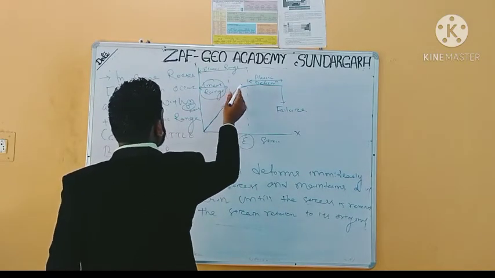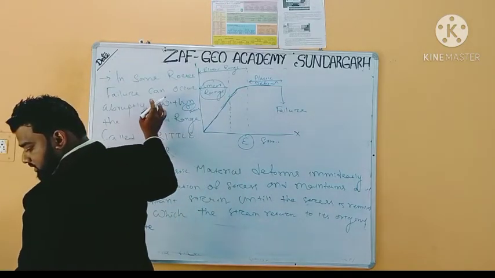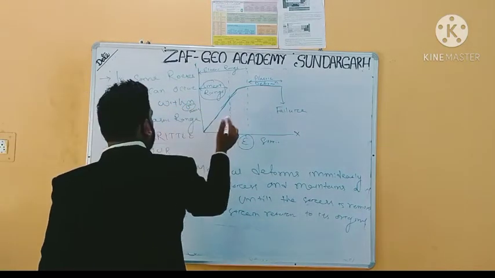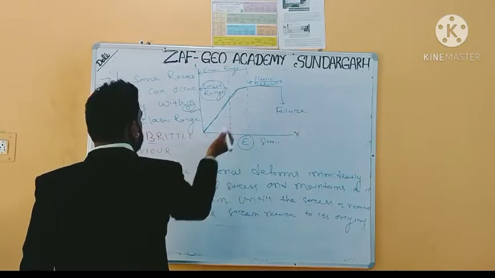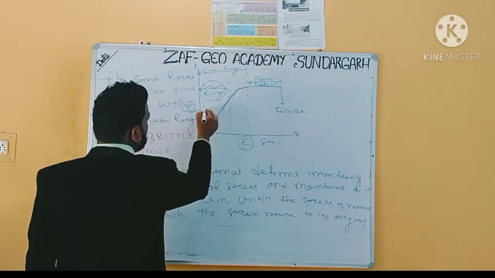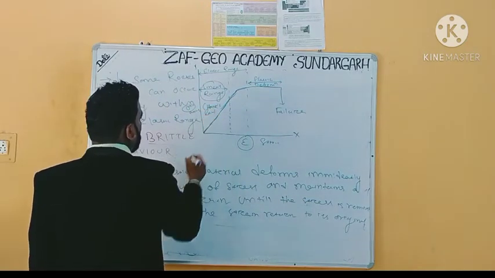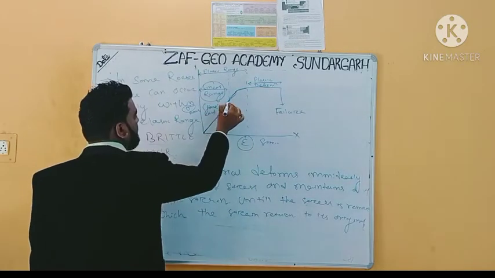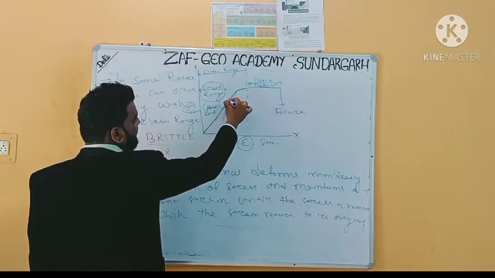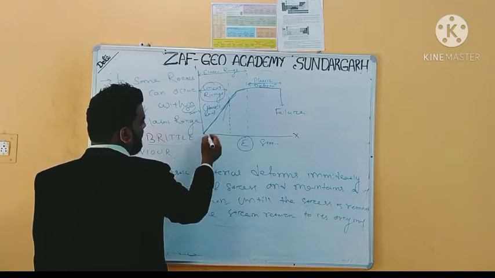Since it is a linear line, it is the elastic range, the linear range. So within this limit, Hooke's law is valid, it obeys Hooke's law, and this point we call the proportionality limit. Beyond this point, Hooke's law is no longer valid.